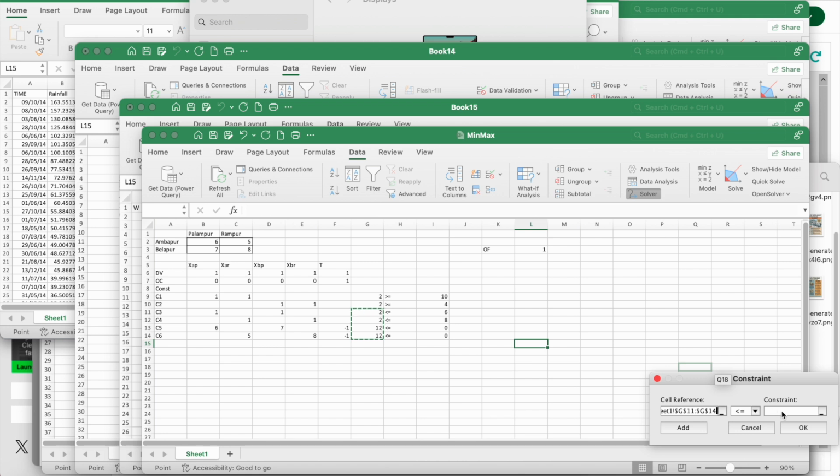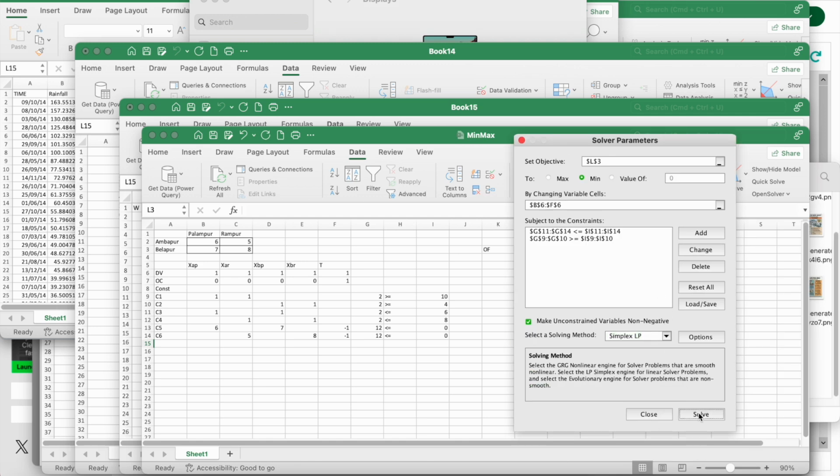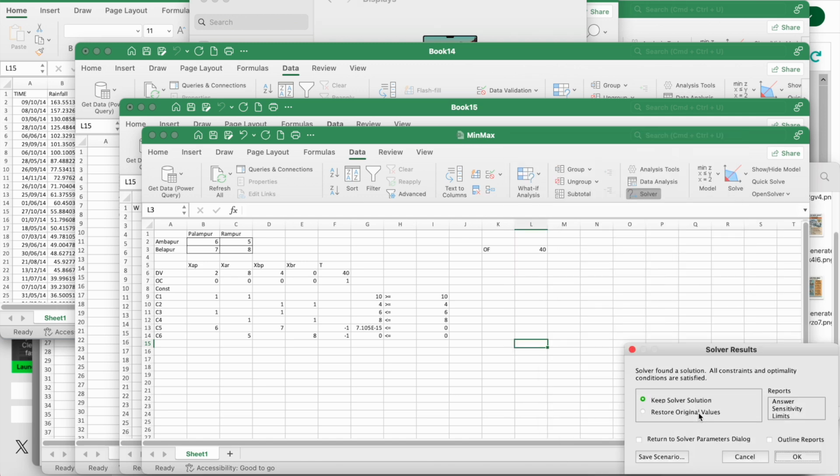All those with the same inequality could be clubbed together. Now since there are no more constraints that need to be added, we can simply press OK instead of add. We will select the Simplex LP model and then we will solve it. So here we get it as 40. So this is our answer.